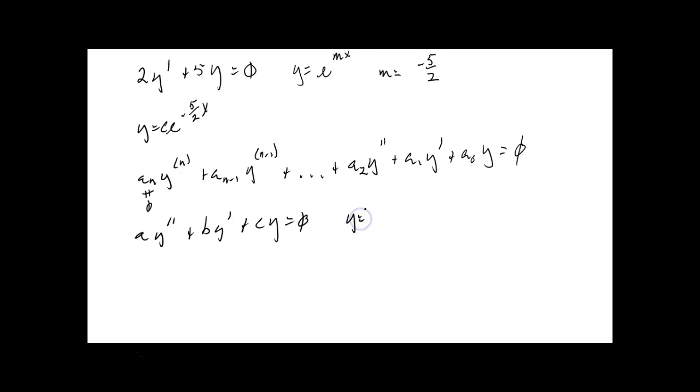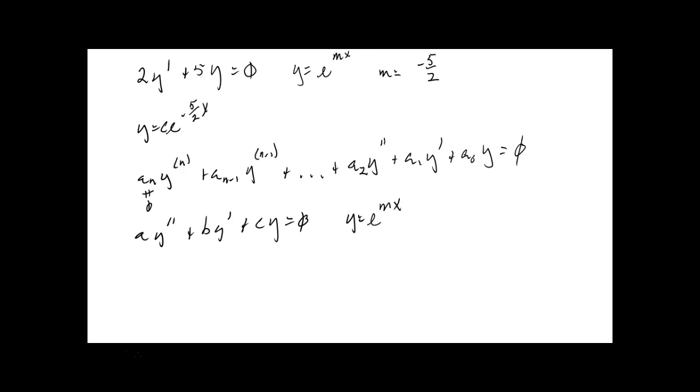y is equal to, just like we did before, e to the mx. Because all these are constant coefficients, all the y's and y primes and everything else better have e's in them, because if they have anything else, they're not necessarily going to add to 0.